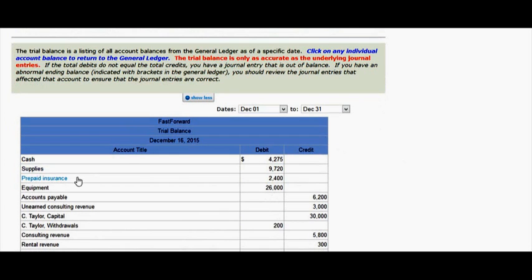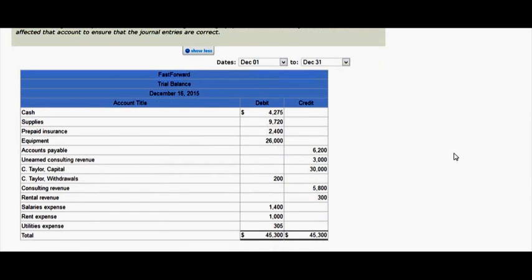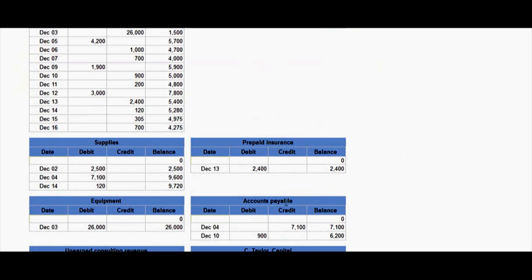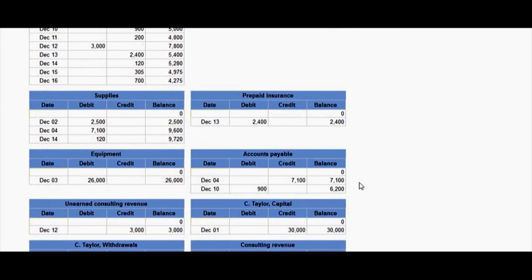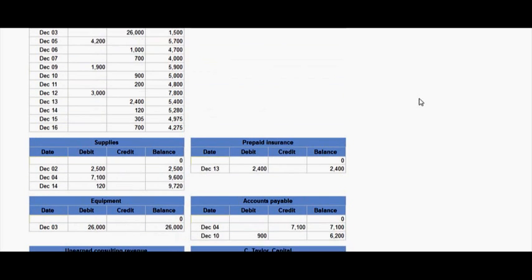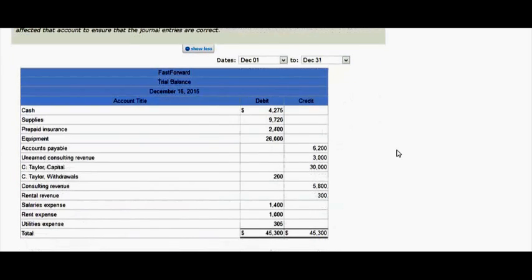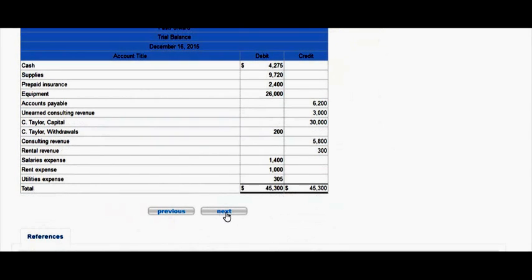And again, you can click on any one of them and it will take you to the underlying journal entry in the ledger it came from, which I think you can see here. And you can see that it balances.